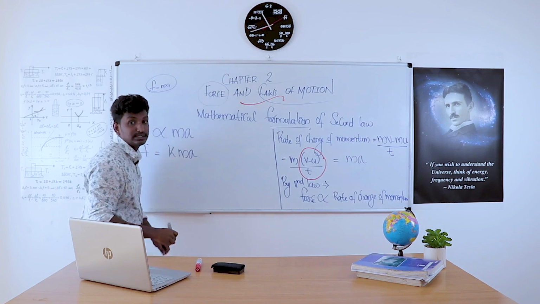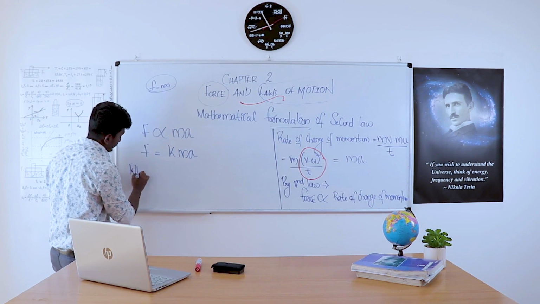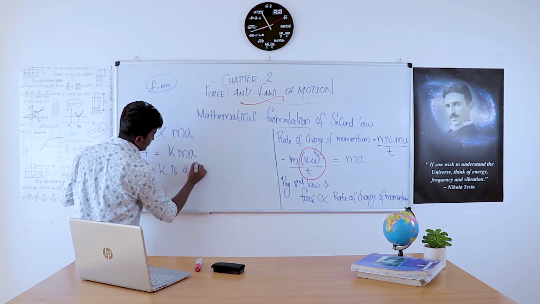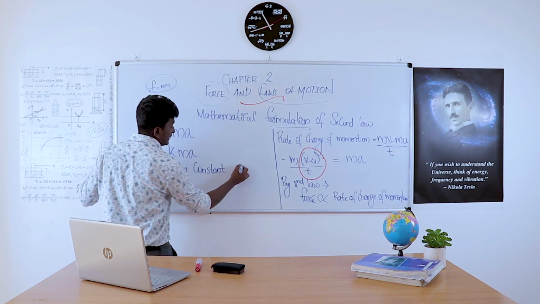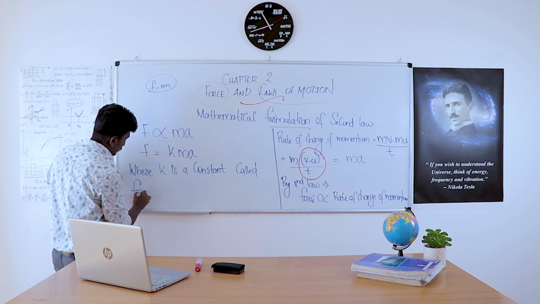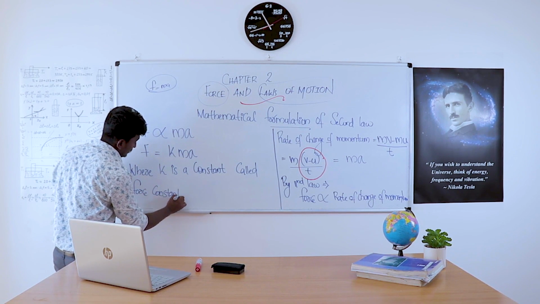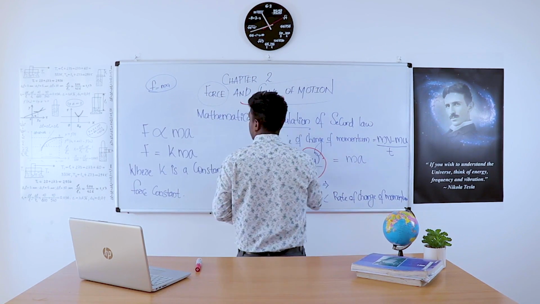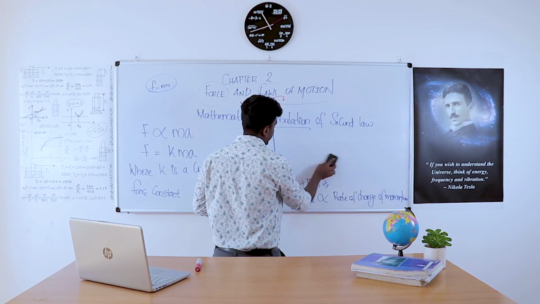Here k is the constant and is called the force constant. Now we got an equation, F is equal to k into m into a.